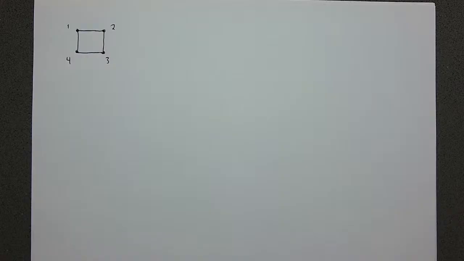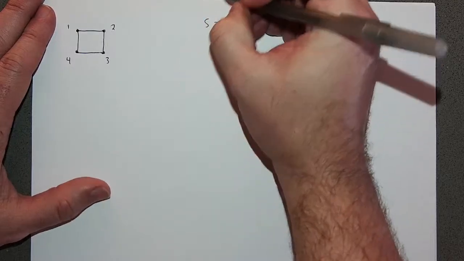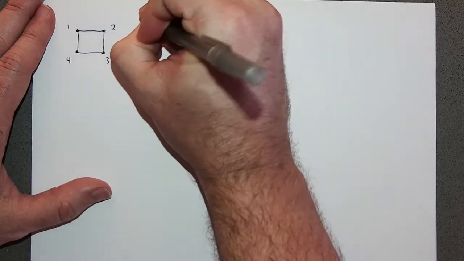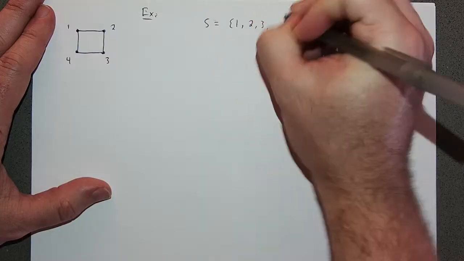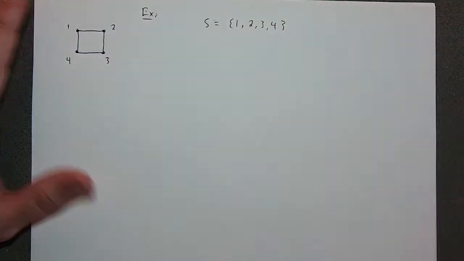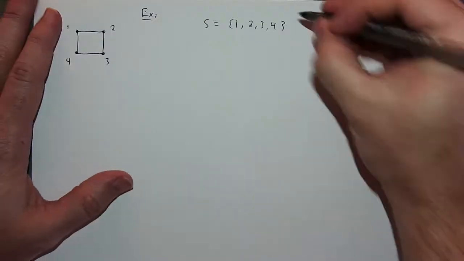The object in question could be a beaded necklace like this, right? So S is the set of vertices. Here's the example that we're going to do. S is going to be the set of vertices of this regular foregon, this square.